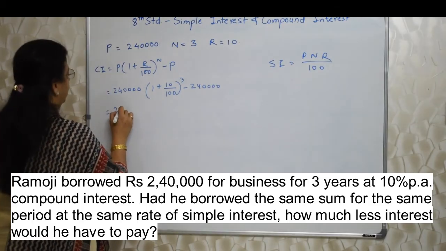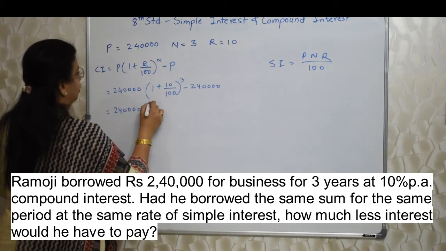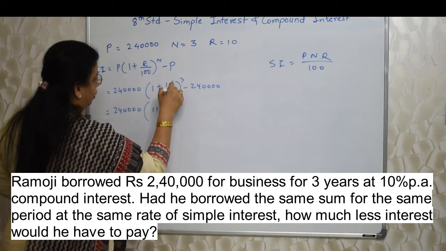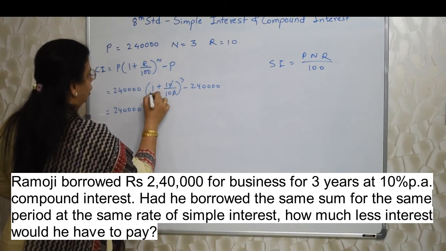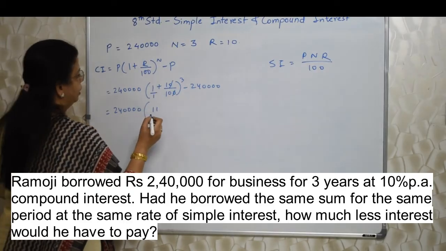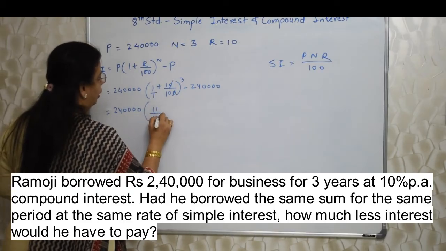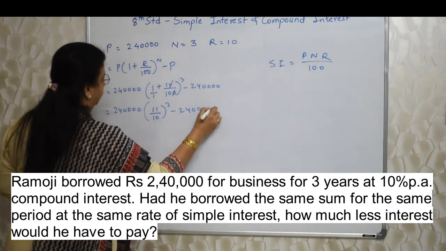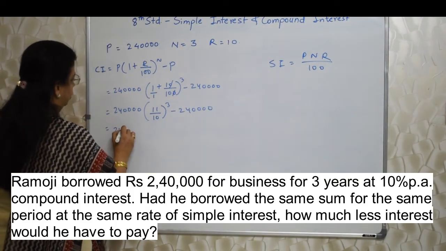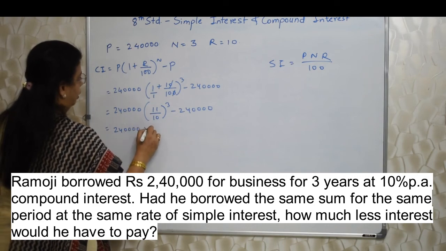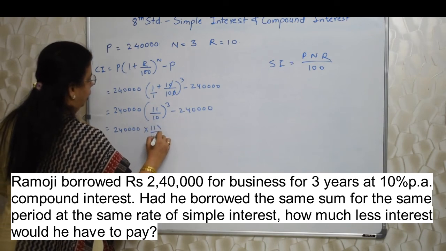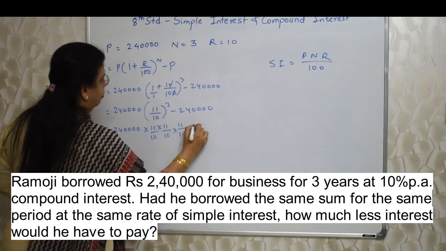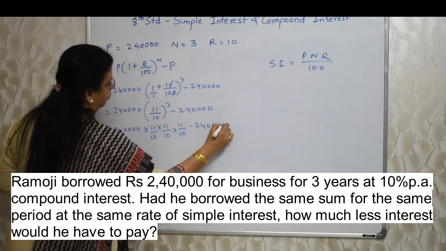So this is 2,40,000. Then same way here, 100, 1 0 gone. So here again I am making both the denominators equal. So 11 upon 10 raised to 3, 2,40,000. So this is into 11 upon 10 into 11 upon 10 into 11 upon 10 minus 2,40,000.